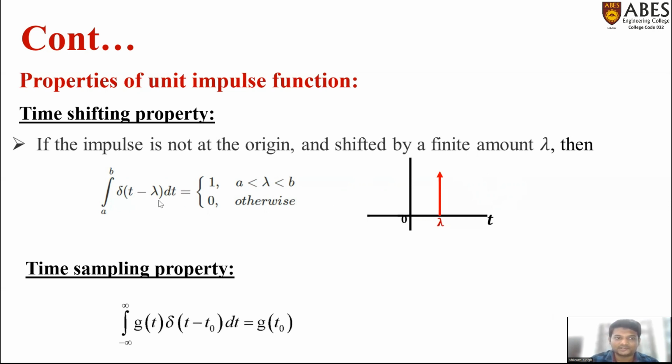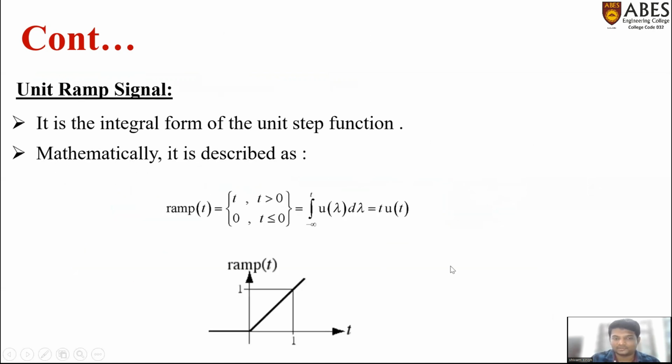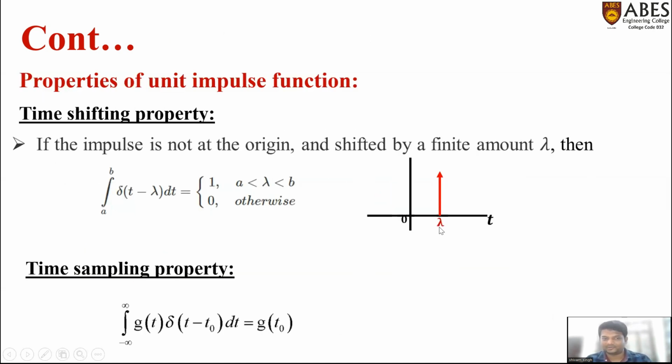Now you have shifted the signal to t equal to lambda, so the same 1 you will get at t equal to lambda. Here I have denoted it with the red arrow. Now at lambda you will get area 1, while in the previous one you get 1 at t equal to 0. Now due to the shifting by lambda, you will get the same value 1 at t equal to lambda.